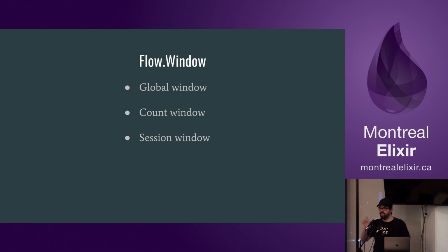And if the same user comes back to your website and logs in again, you have a different session. Basically you give some information to Elixir Flow saying, I want a session window, and here's the function that's going to extract the session from the message. So every event that arrives to that window with the same value returned from that function, it's going to group for you.